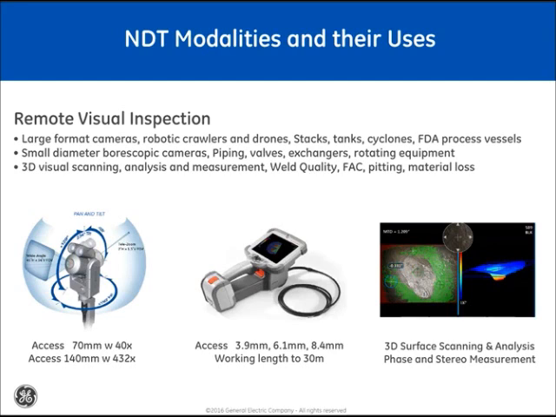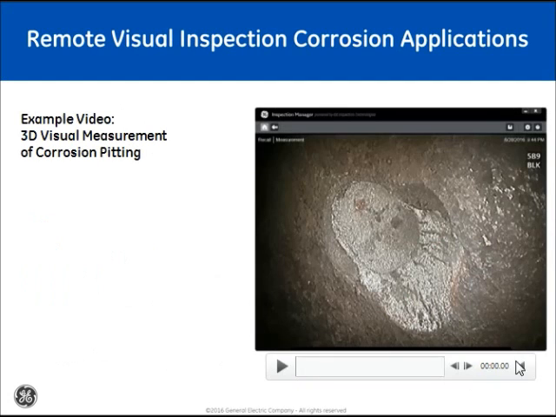However, with this new 3D surface scanning and analysis technology, inspectors can now obtain the quantification of an indication's dimensions, and these results are going to be NIST or National Institute of Standards and Technology traceable results. So let's take a look at a short video to give you an example of what that capability is.